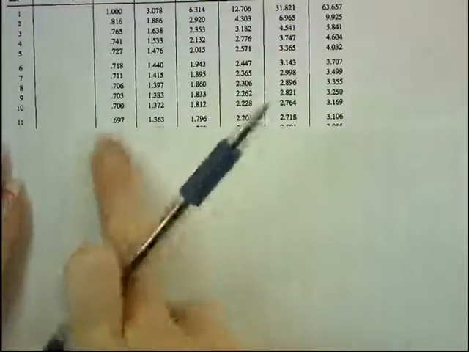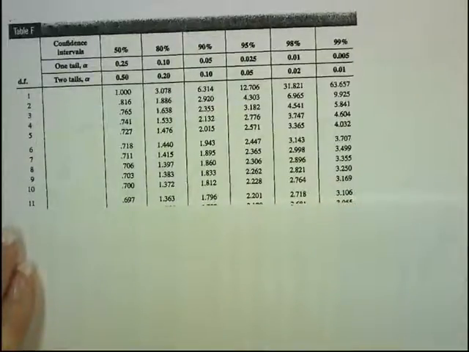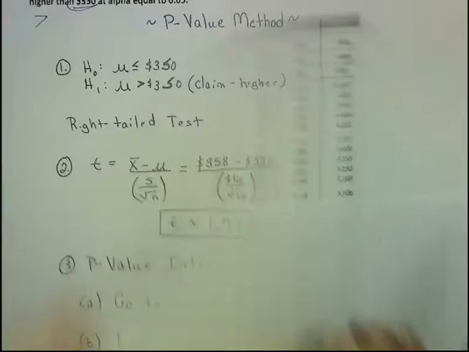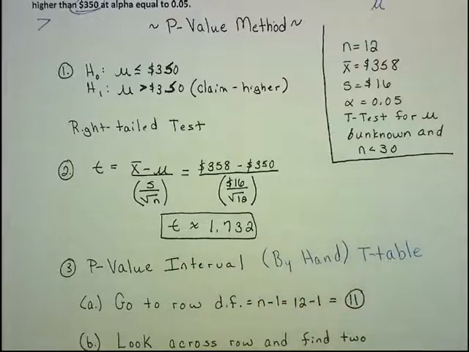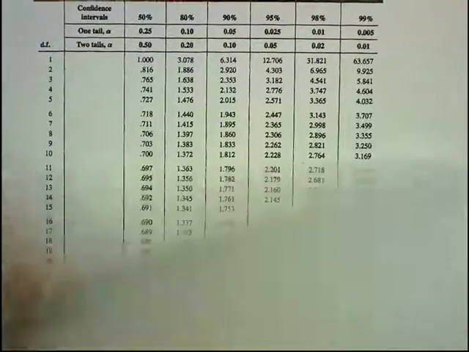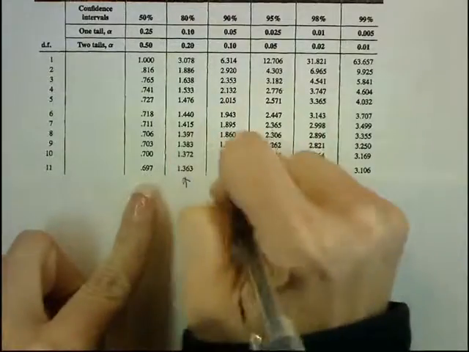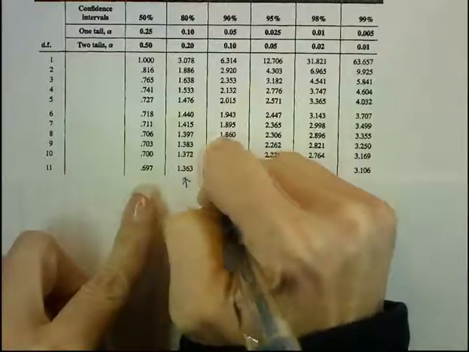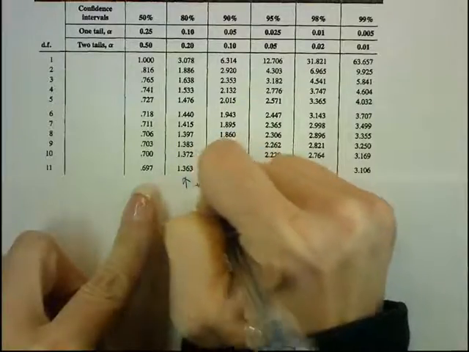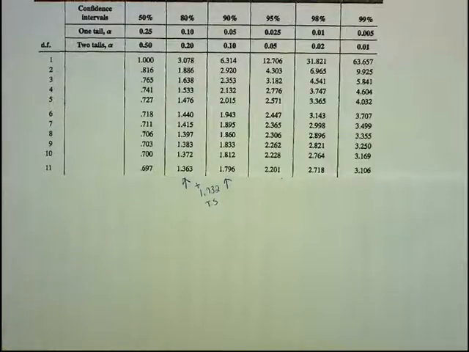Find the two values in that row that sandwich or encompass your test statistic. And again, your test statistic is 1.732. And you see that it falls here. 1.732, and that's positive, is your test statistic. Once you find the two numbers that bound your test statistic, the test statistic is between those two numbers in that row 11.